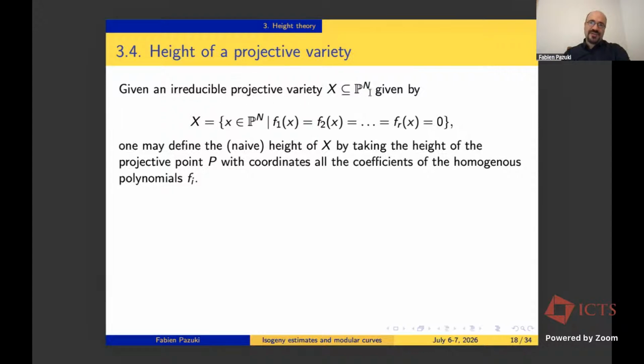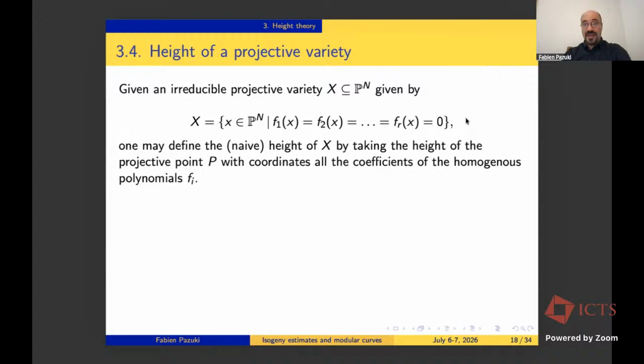X is my variety, and let's imagine it's really given by some complete intersection. You really have some explicit polynomials in n plus 1 variables. I have, say, r of these polynomials, and then I'm looking at the vanishing system defining this X. Let's imagine that X is given like this.